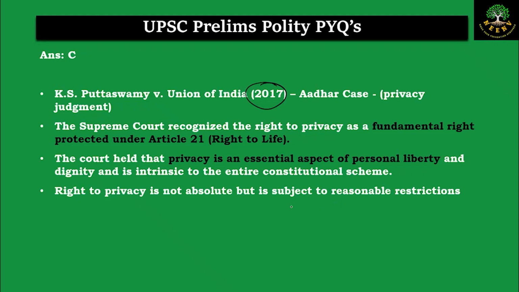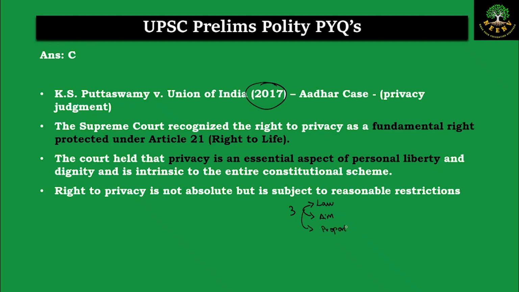The court has given a 3-tier test wherein the law has to be legitimate, and if the law is legitimate, then they'll check the aim of the law, and ultimately it has to be proportionate.